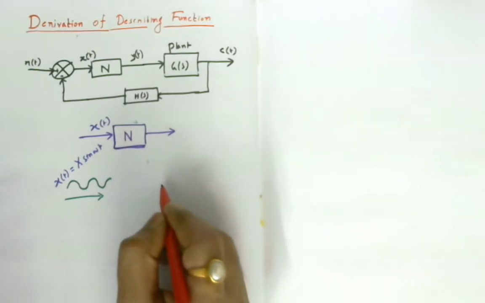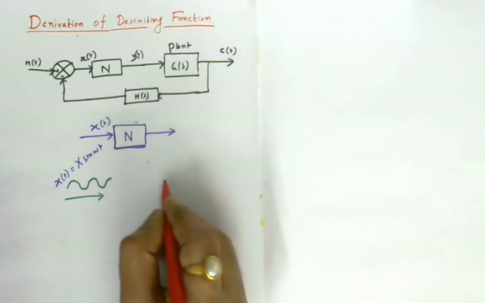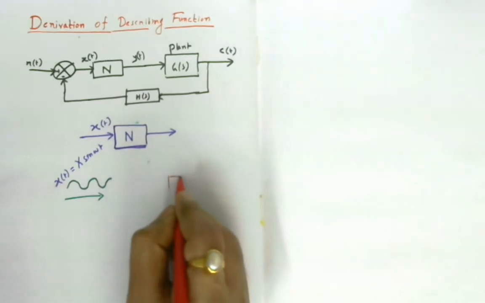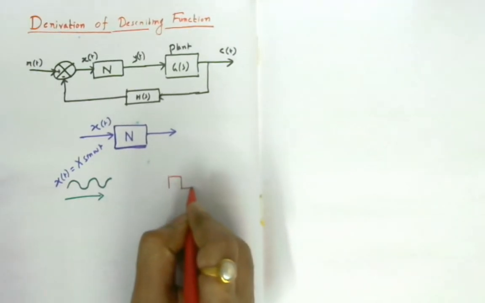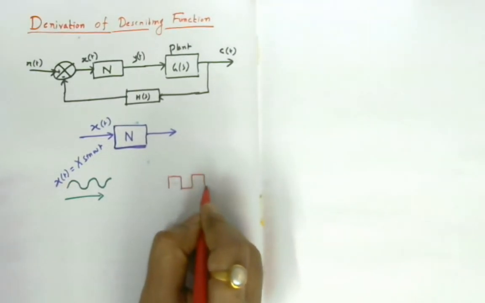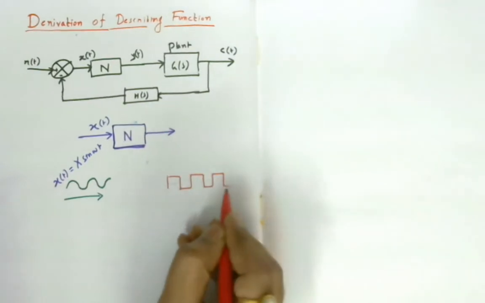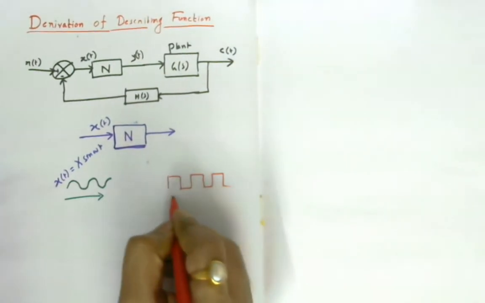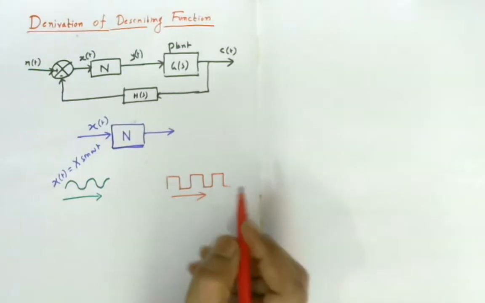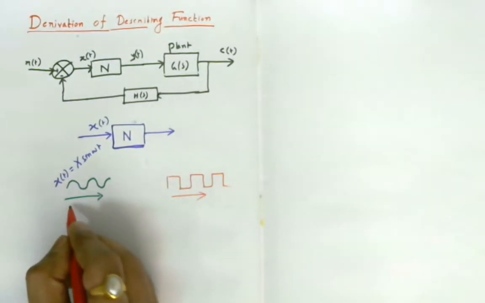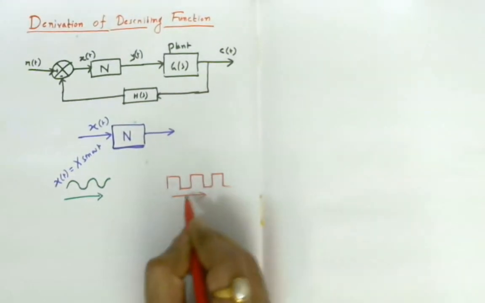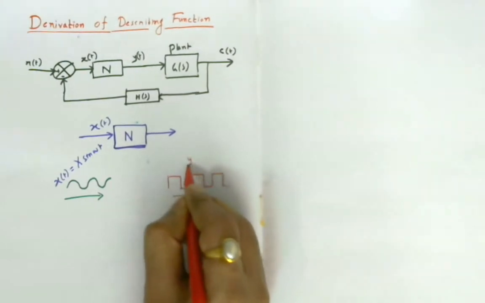So just for the timing, I am considering an on-off type of nonlinearity, and the output waveform looks like this shape. This is y(t).